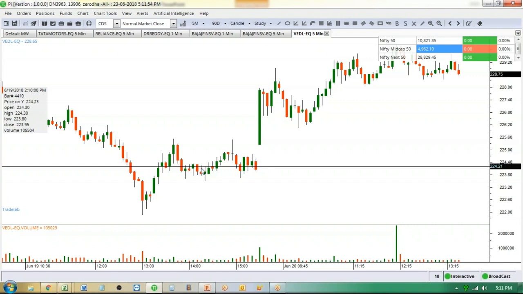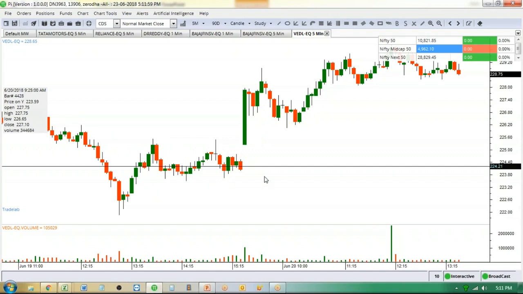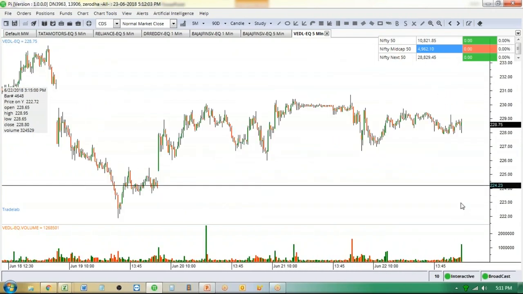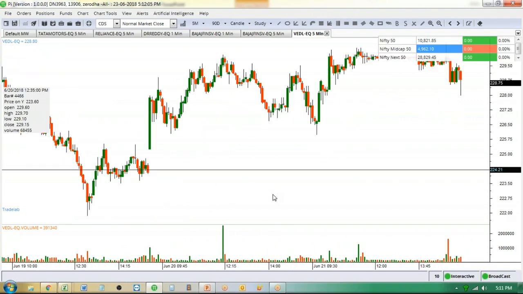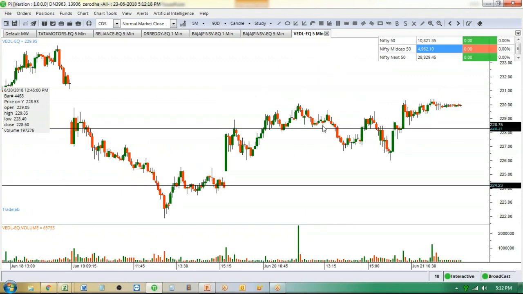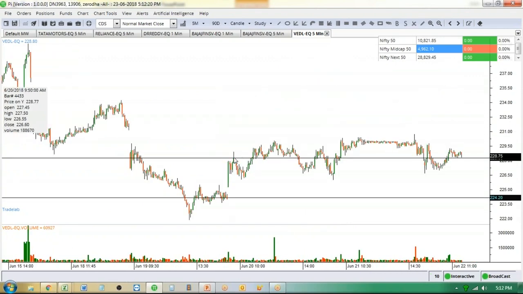Two continuous reds and this thing. And then if you look at it, after the support was formed, there was no immediate resistance that I can see. I can see the next resistance only here. So more or less this was the complete zone.